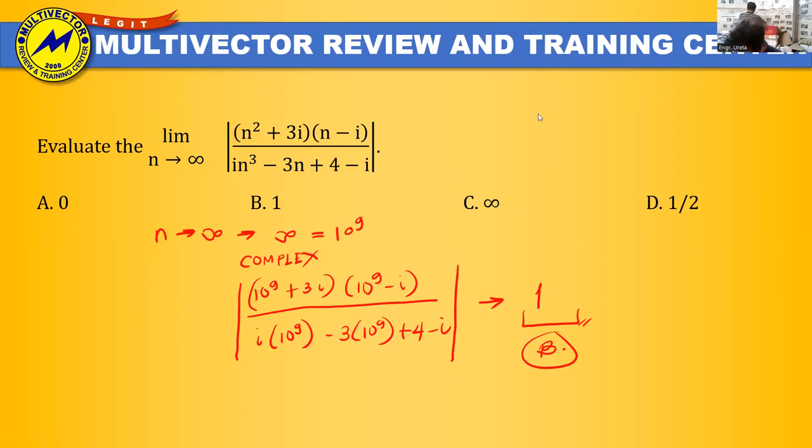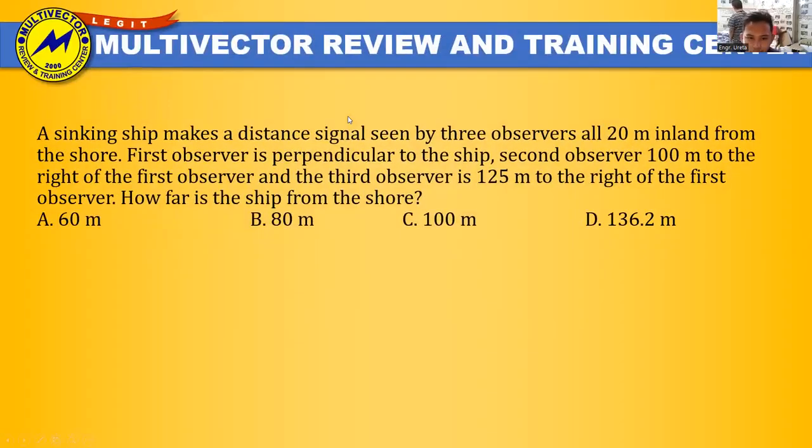Next problem is 84. Okay, problem number 84. A sinking ship makes a distress signal seen by 3 observers 20 meter inland from the shore. So pag drawing natin yan, ito yung drawing natin. Sinking ship, so ito yung ship natin.